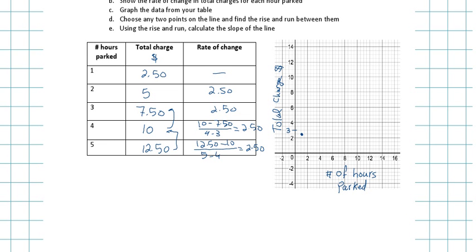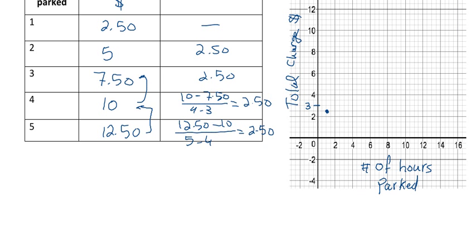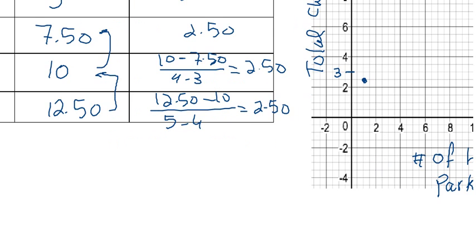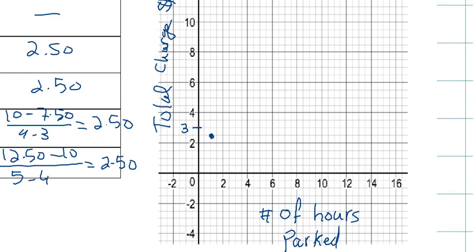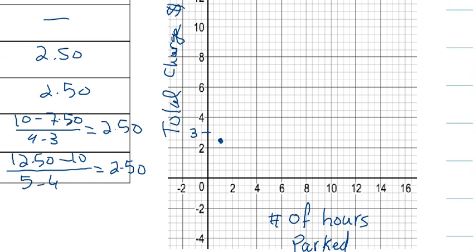What happens is when I print, it doesn't show properly, even though I try to print it very dense. So for 2 hours, I was charged $5, so it's going to be in the middle between the 4 and the 6.